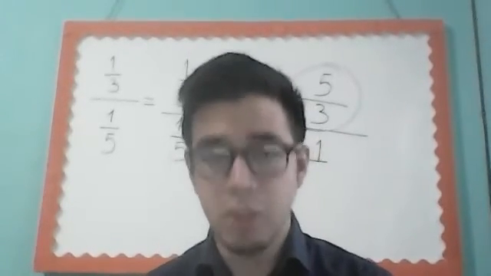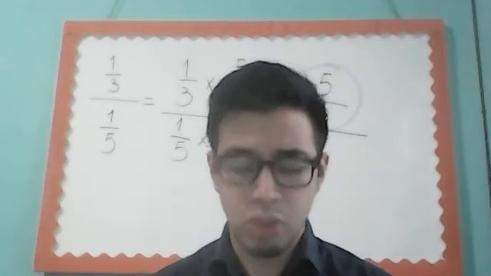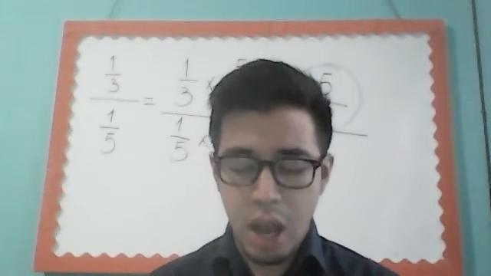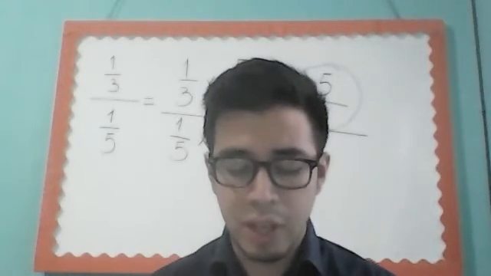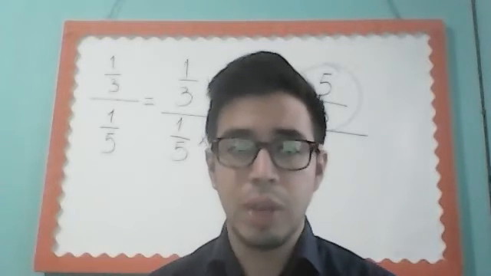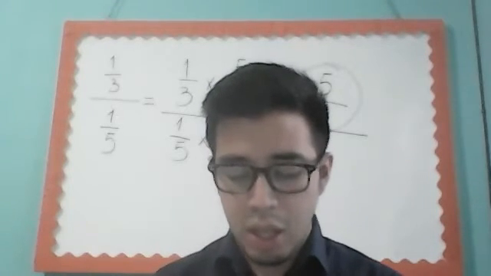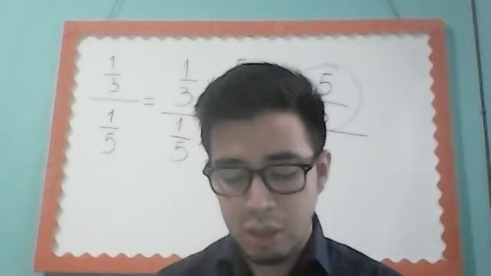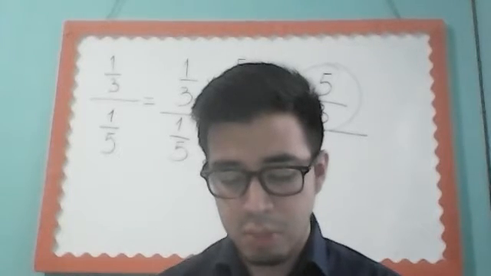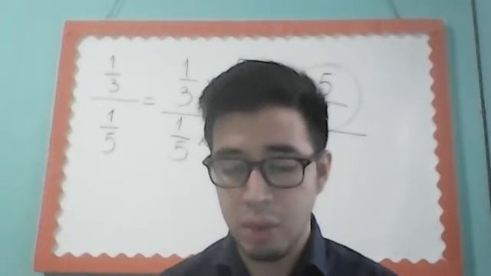Okay. Number 3 is construct arguments. How is making a table of equivalent ratios to find the unit rate similar to finding the unit rate by calculating with fractions? Use a specific example to explain your reason.